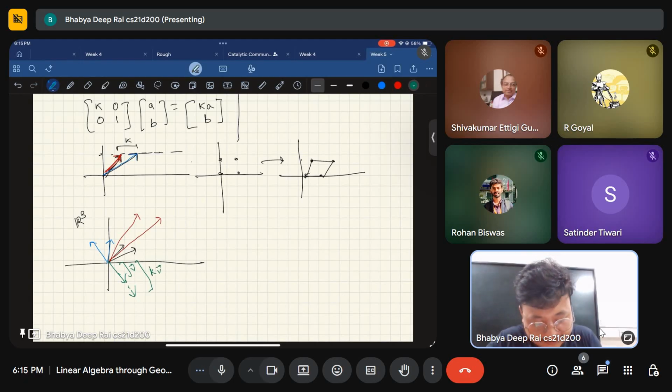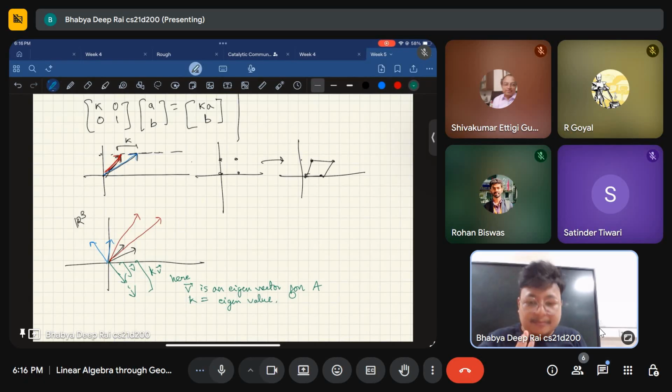Here v is an eigenvector for A, that operation, or equivalently, like I said, a matrix. And k is what is called your eigenvalue.